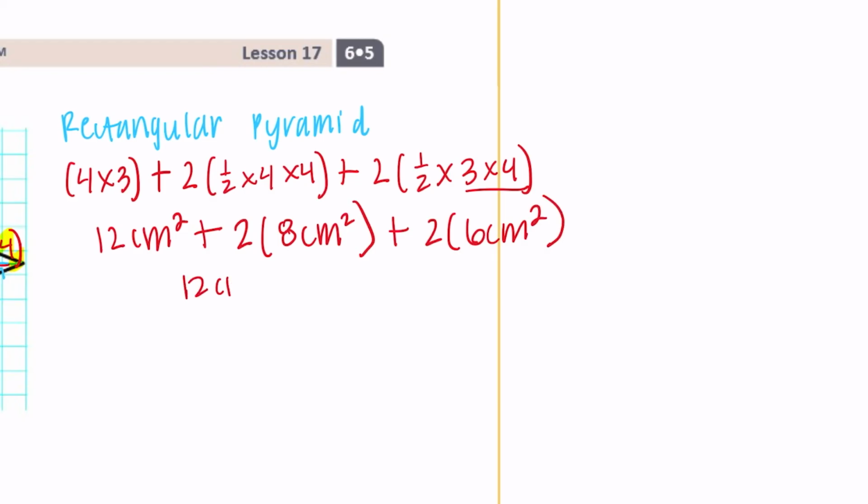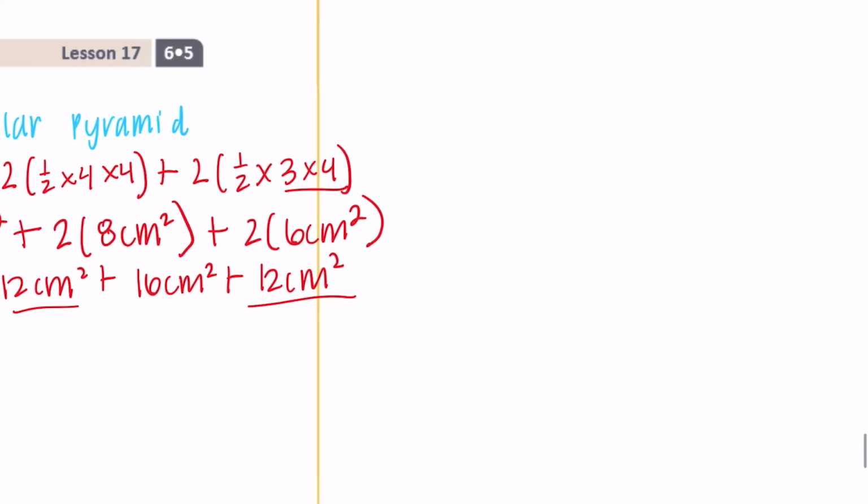So we would have 12 centimeters squared plus 2 times 8 is 16 centimeters squared plus 2 times 6 is 12 centimeters squared. So I can do 12 and 12 is 24. 24 plus 16 would be 40. So we get 40 centimeters squared as the surface area.